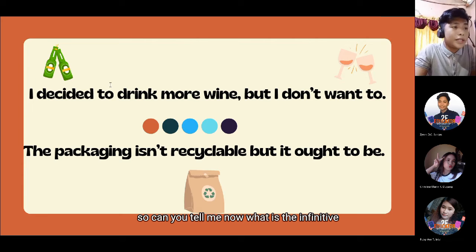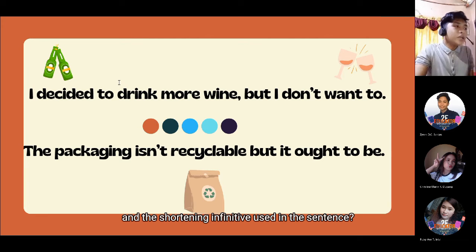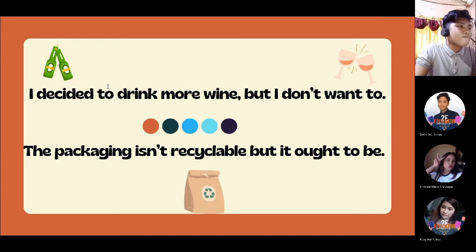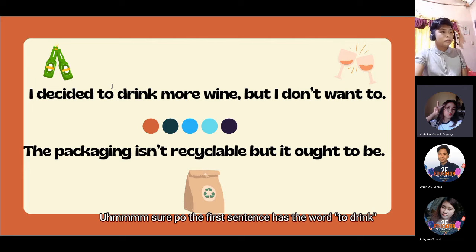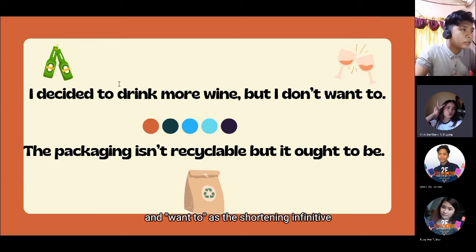Can you tell me now what are the infinitive and the shortening infinitive used in the sentences? Sure. The first sentence has the word to drink as an infinitive and want to as the shortening infinitive.